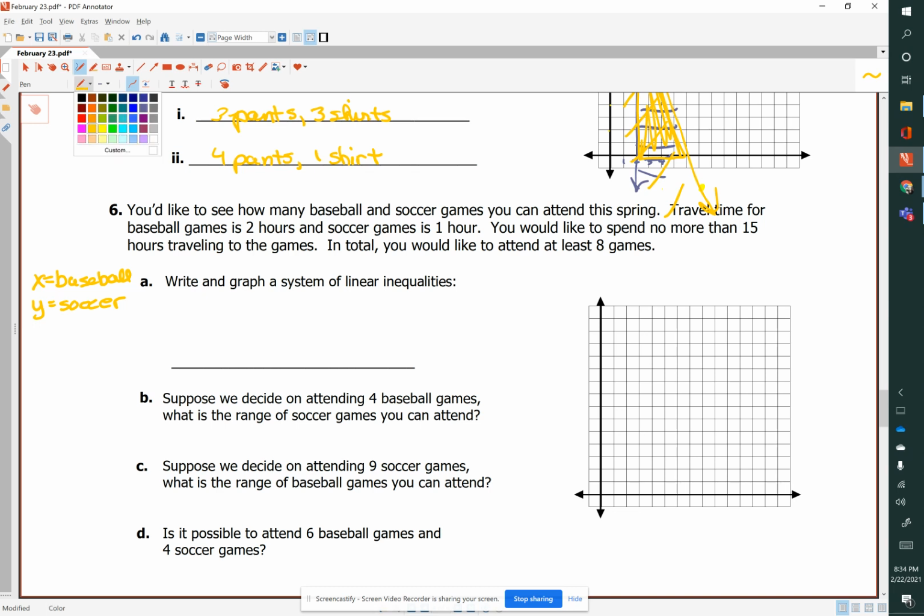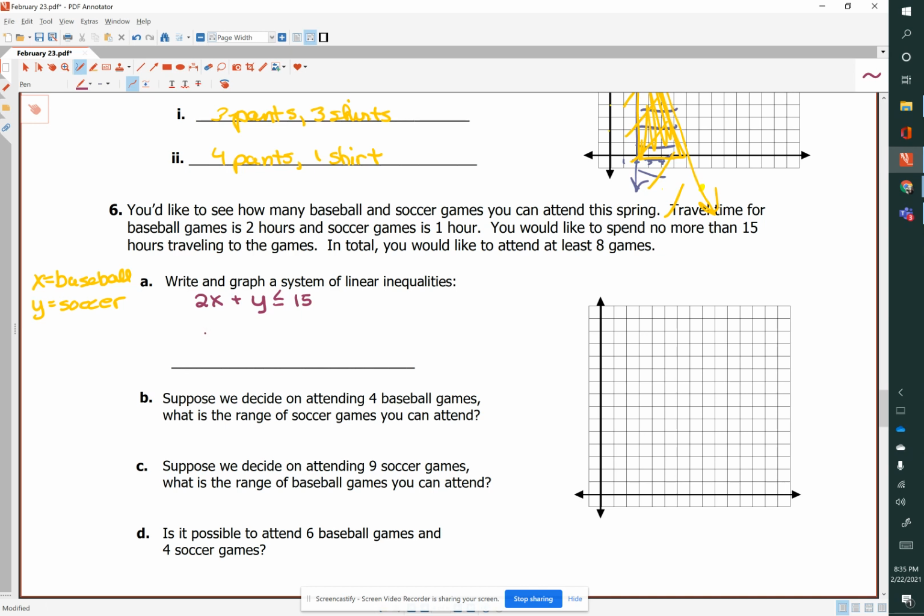And let's get a brighter color for this. So we're going to write and graph a system of linear inequalities. So baseball games, which are 2 hours, plus soccer games, which are 1 hour, so I just put y, must be less than or equal to 15 because you don't want to travel more than 15 hours.